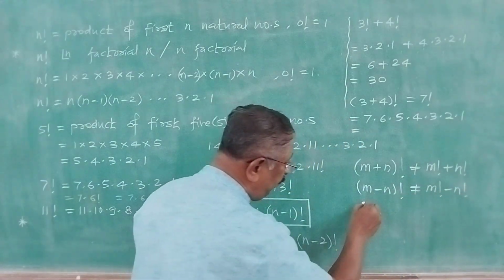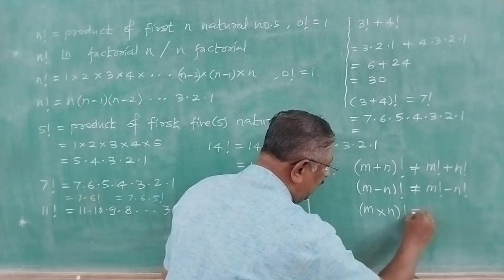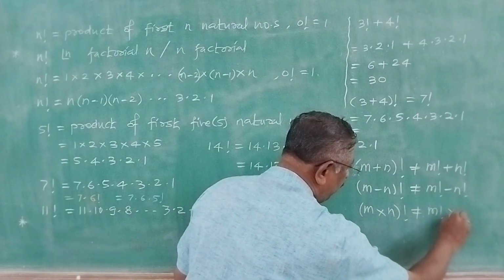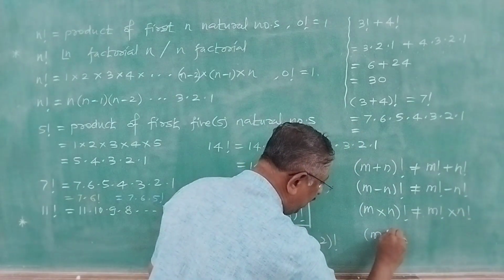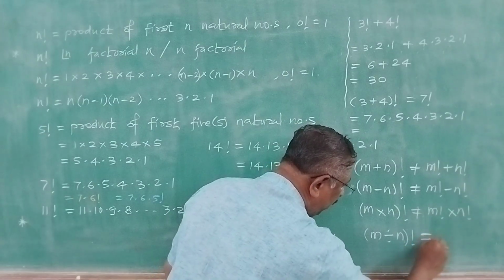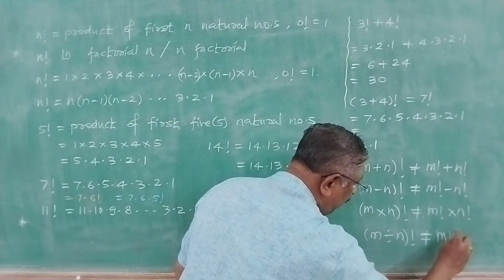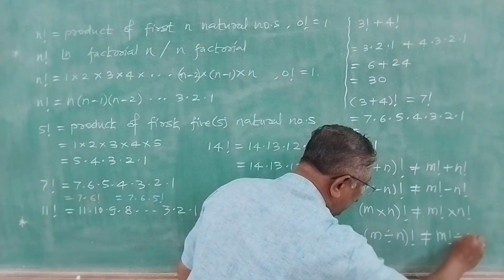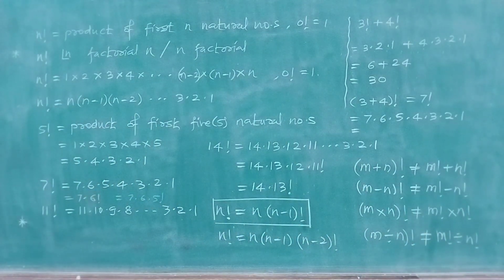You may check it. (m multiplied by n) factorial will never equal m factorial multiplied by n factorial. m factorial divided by n factorial will never equal (m divided by n) factorial. These are the conclusions we have made.